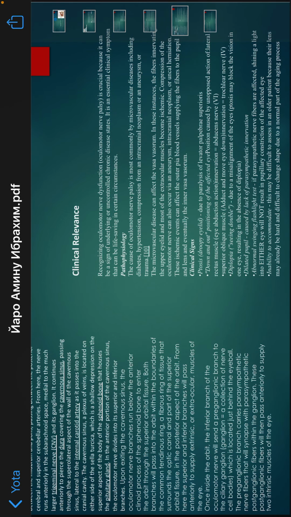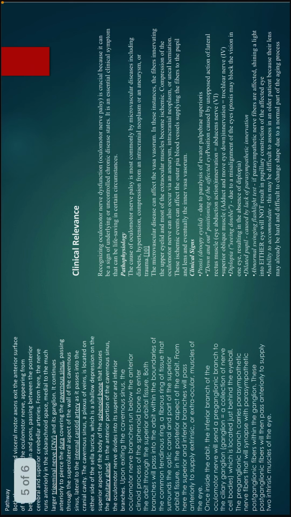So we're also going to look at the pathway. Both the somatic and visceral motor axons exit the anterior surface of the brainstem as the oculomotor nerve, appearing from between the midbrain and the pons, passing between the posterior cerebral and the superior cerebellar arteries.